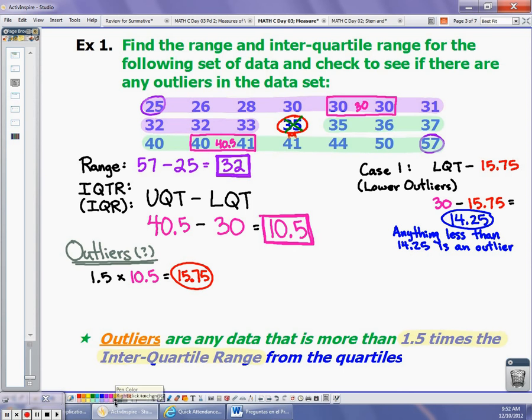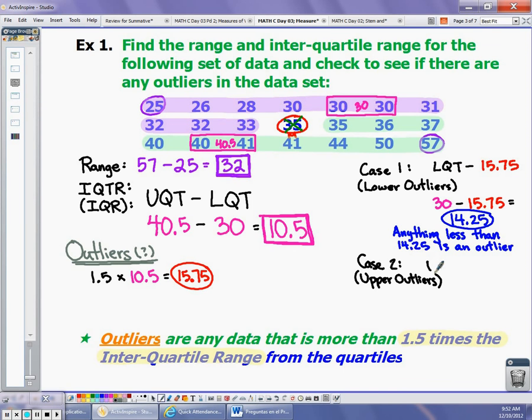Now I'm going to check to see if I have any outliers on the upper half. So let's do case 2. This is going to check to see if I have any upper outliers. I'm going to do basically the same thing, except it's slightly different. For the lower outlier, what we did is we did our lower quartile minus 15.75.